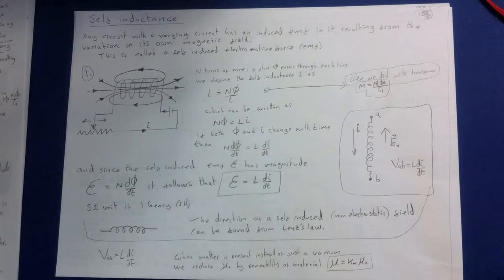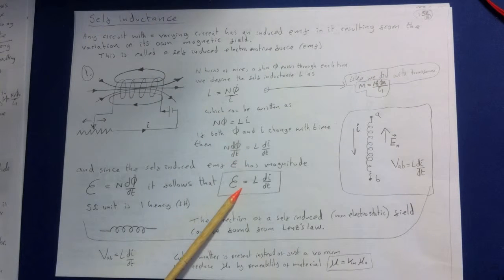If both flux and current I change with time, then the instantaneous change would be N d flux by dt equals L di by dt. And since the self-induced EMF has this magnitude, N d flux by dt, it follows that it can also be written EMF equals L di by dt, because these two are equivalent.